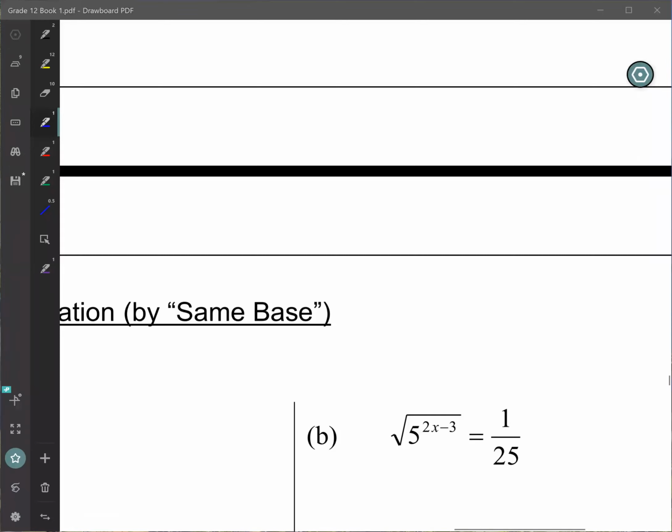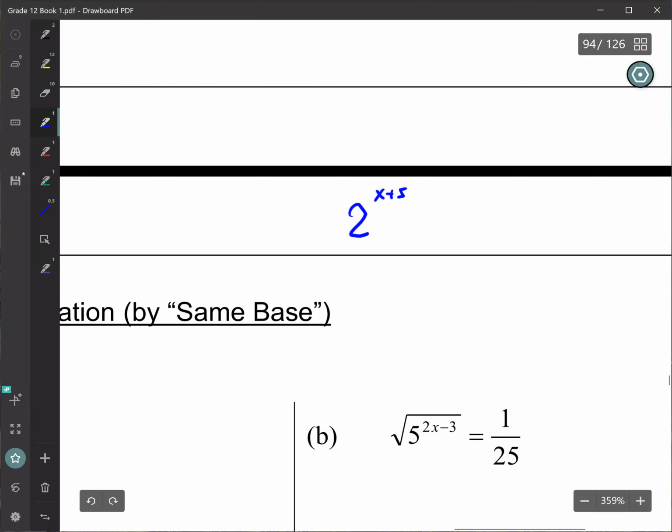So for example, if I have 2 to the x plus 1 equals 8, okay, what will be the answer for this one? What's the x, right? Equation means you need to find the x.